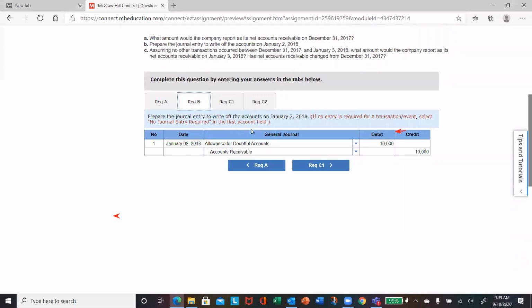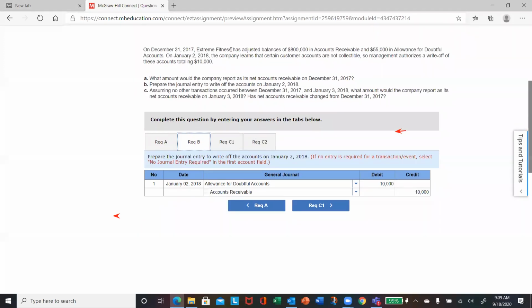Now, on Part B, whenever you do a write-off, they again want you to write off $10,000 on accounts. What you do is you would debit the allowance account for $10,000 and then credit accounts receivable for $10,000. Now, the thing that's interesting about this is that you're debiting allowance and crediting accounts receivable.